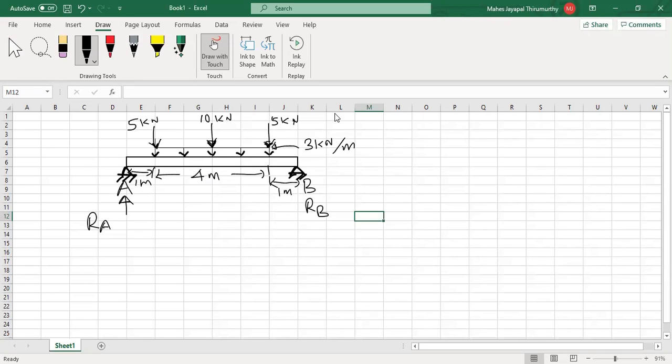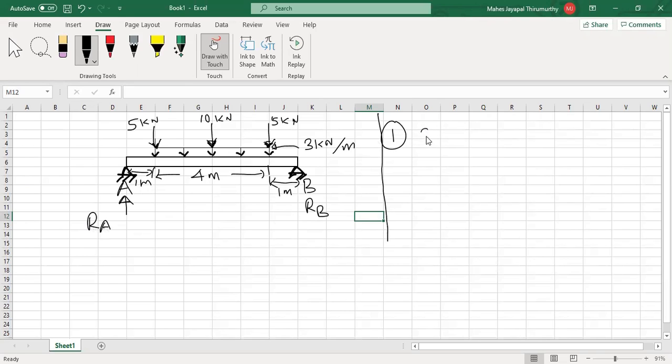So now for this, how do we find the reaction forces RA and RB? The first rule: the uniformly distributed load must be converted into a point load and placed in the middle of the portion.